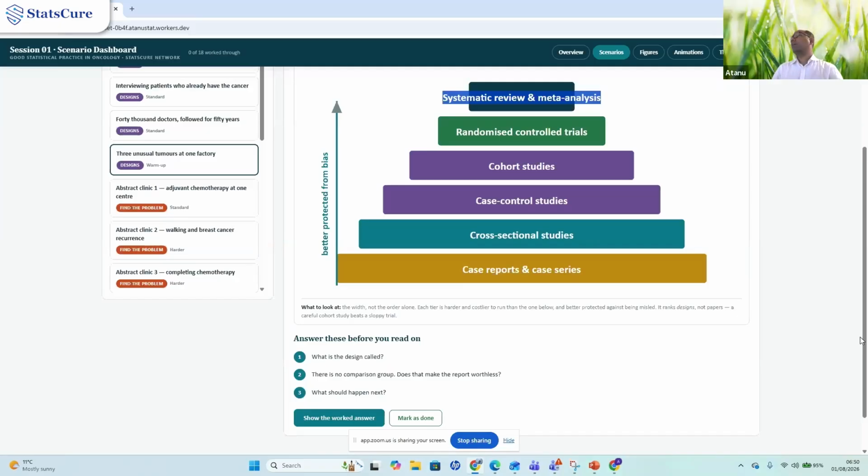To add something: when we talk about case reports and case series, we are dealing with one or two individuals, and you are explaining their experience in a paper format. That's all. There is no sample size added there, and no proper study design is required. You are only looking at the patient's experience and explaining it.